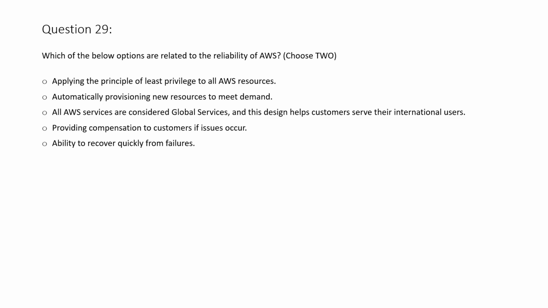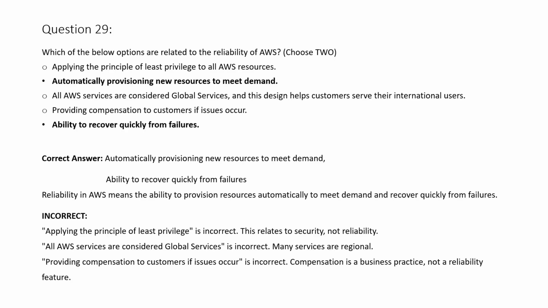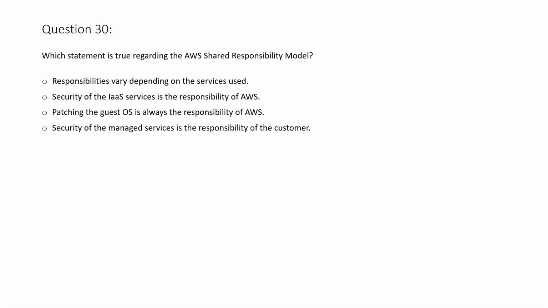Option D, providing compensation to customers if issues occur. Option E, ability to recover quickly from failure. So we need to select any two from this one. The correct answers are automatically provisioning new resources to meet the demand and ability to recover quickly from the failures.